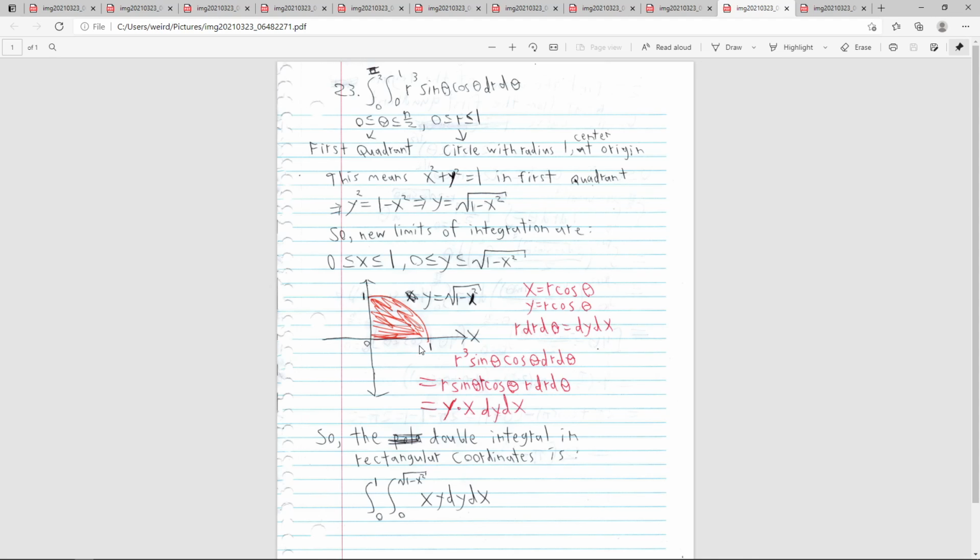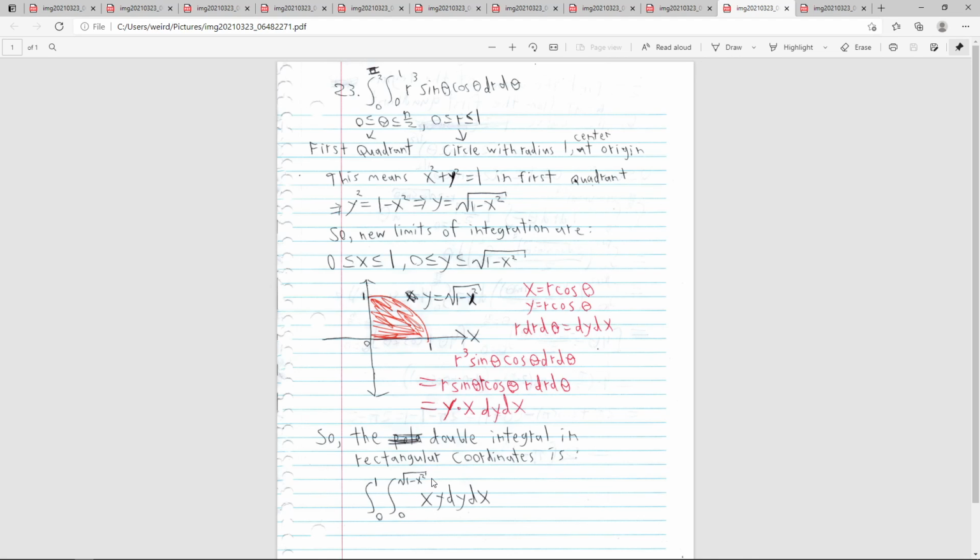The first quadrant is like saying x equals 0, y equals 0 as your parameters. But x equals 1 is also a limit because of that. So that's where 0 to 1 comes from, and then the square root of 1 minus x squared, and y equals 0 is the lowest limit, like I said.